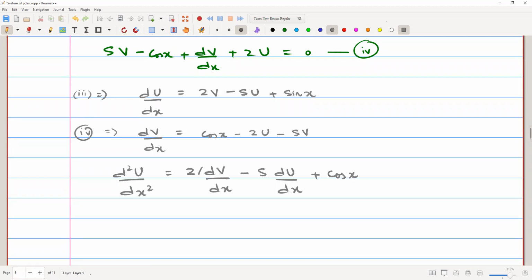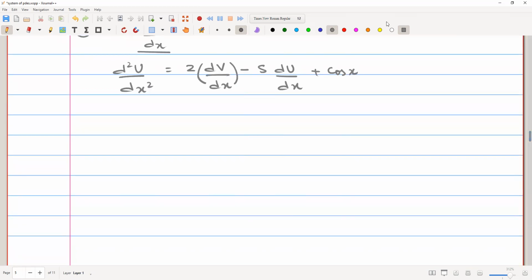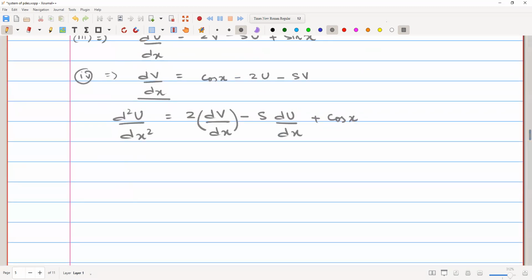And for this dv̄/dx, we can plug in the value from equation number 4.